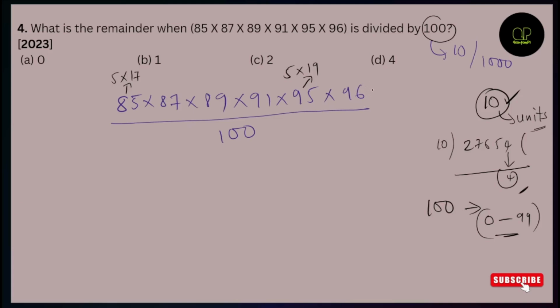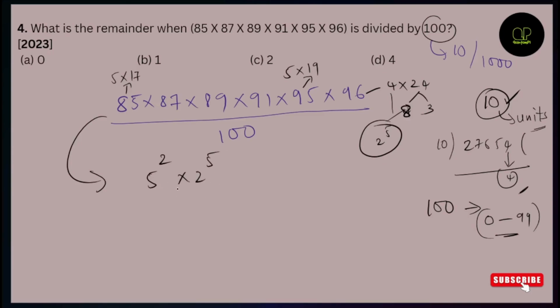How many twos are there in 96? I can write 96 as 4 into 24, or 8 into 12, which is 4 into 6 or 8 into 3. Anyway, you're having this 2 square and this 2 cube. So I'm having 2 power 5. So in this whole product, I'm having 5 square, and there's also 2 power 5.